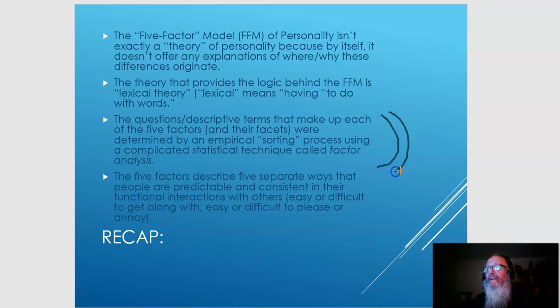Some ways of constructing measures of psychological constructs want you to understand what the construct is clearly before you begin to put the measure together. And the way that the five-factor model came to be wasn't actually put together that way. We took all the words in the dictionary.